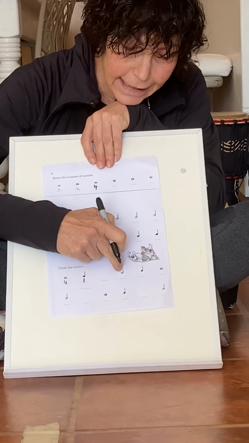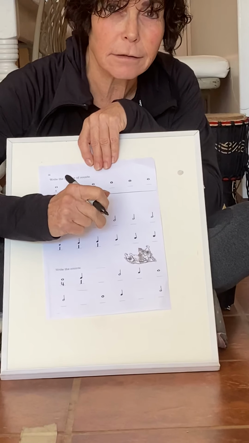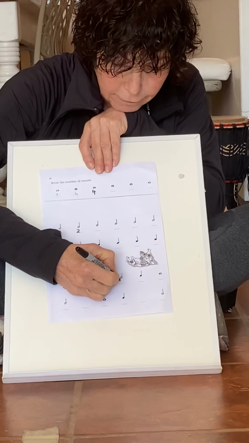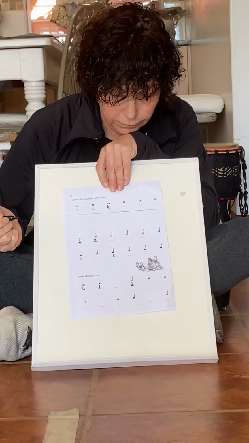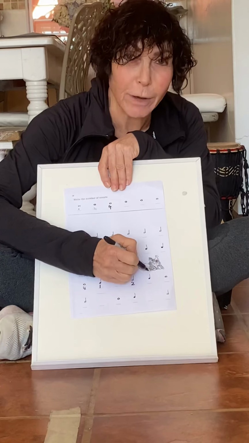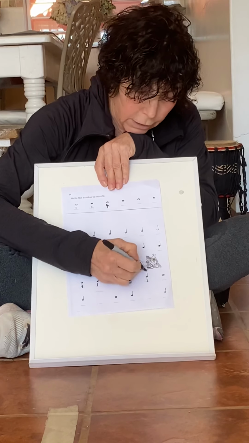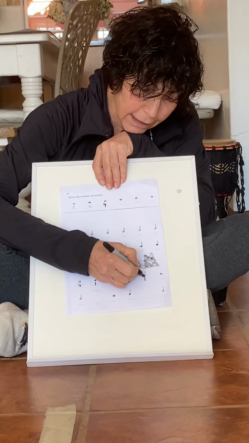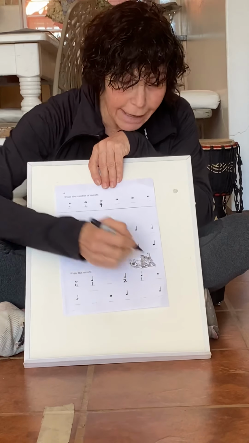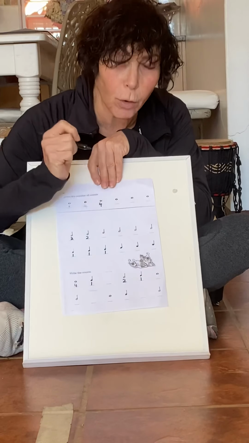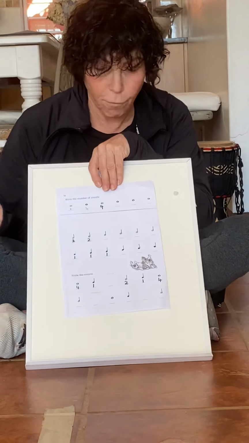This one here is our half note. It gets 2 counts. Here we've got a witch again with a broomstick. 1. Because the broomstick looks like a 1. And right in the end, we've got our big whole note again. So it gets 4 counts.